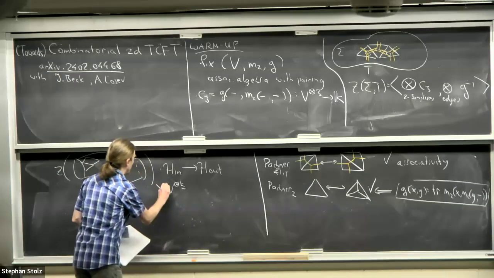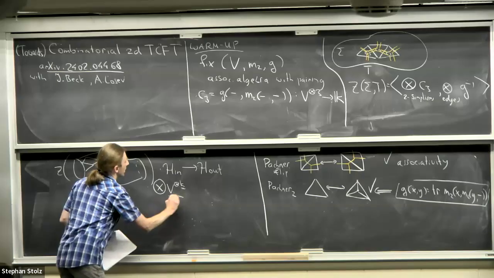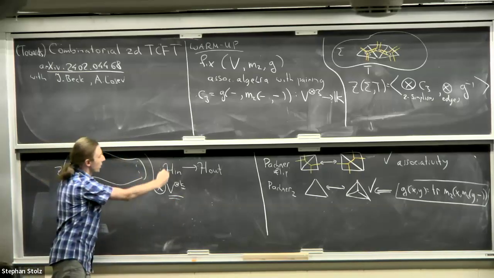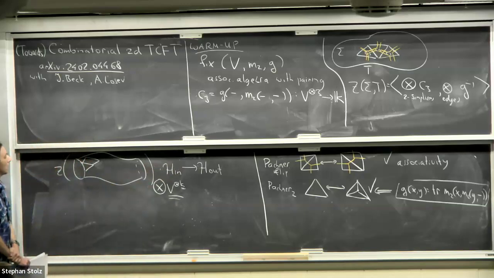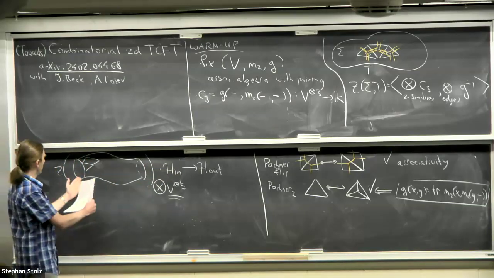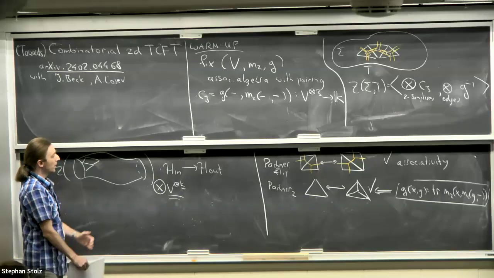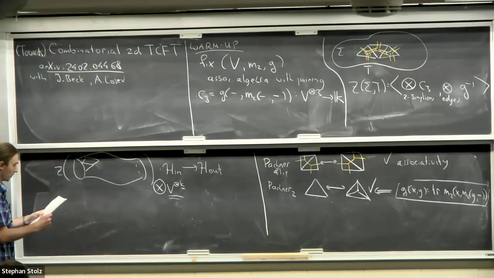If there are several incoming circles, it is the product of such spaces. Likewise for the outer boundaries, you have the out space of states. So what you obtain is a partition function as a linear map from the in space of states to the out space of states.